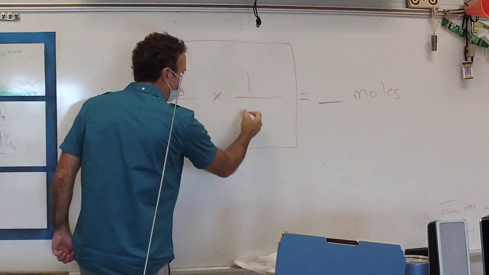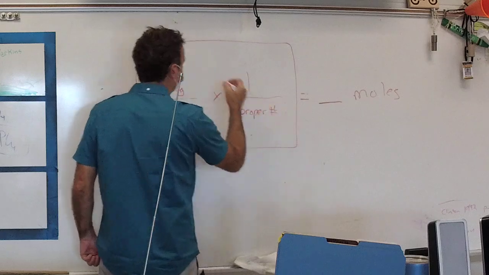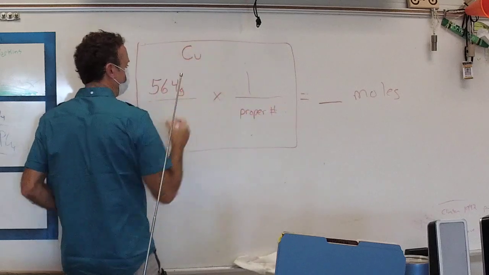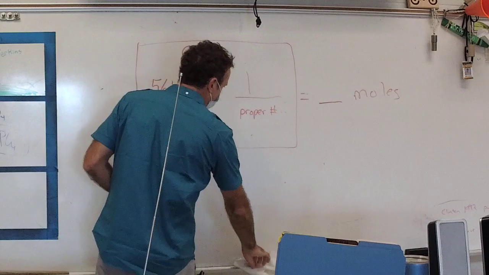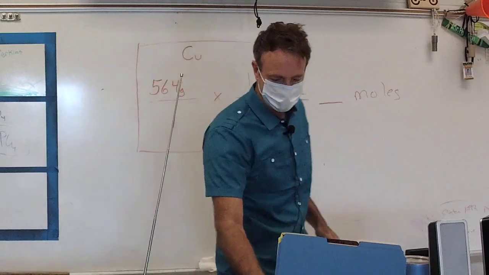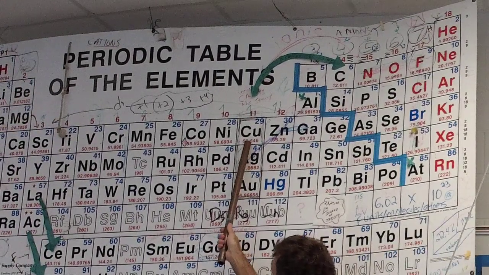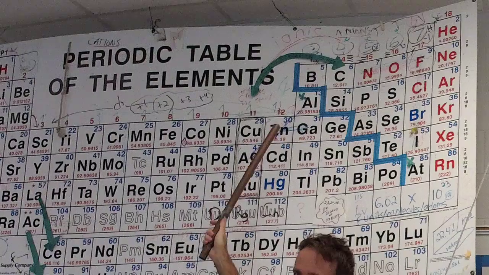And now we need the proper number, all right? Well, luckily, the formula for copper is just Cu. So copper on the periodic table, if we go up here and we take a look at it, we'll see that copper is 63.5. And you can put 64.